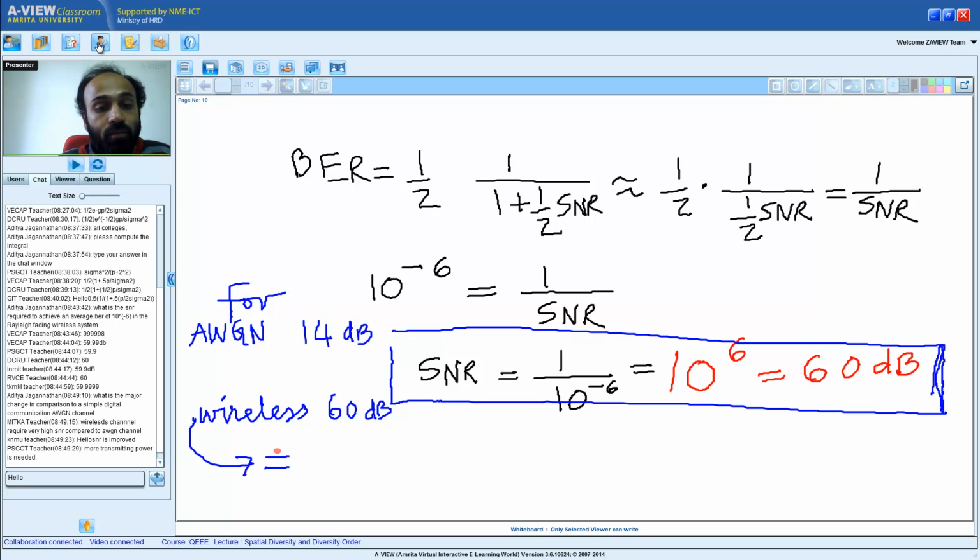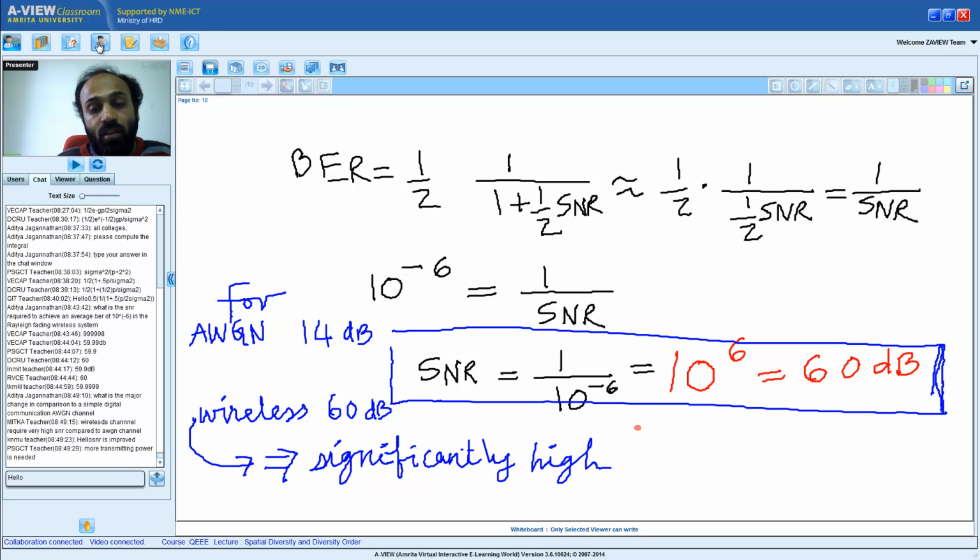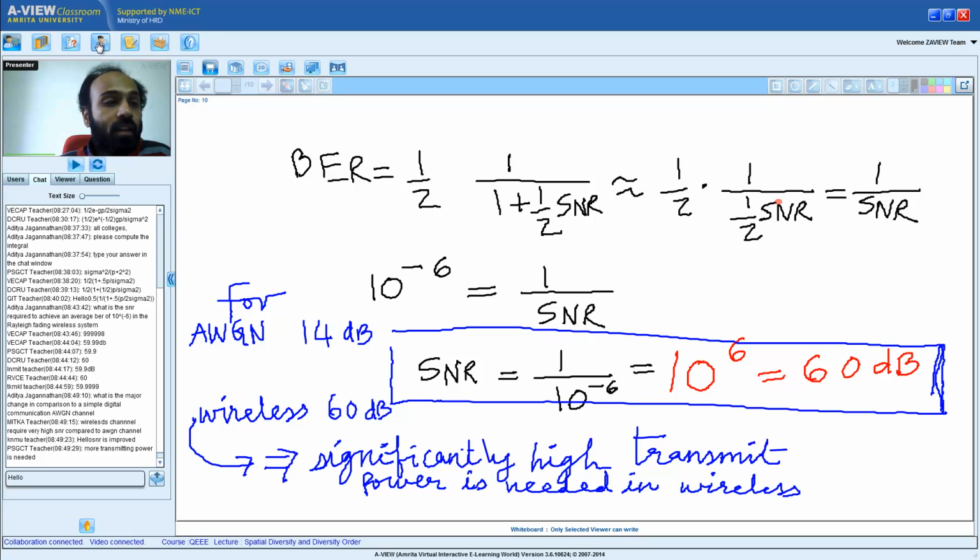This implies that a significantly high transmit power is needed in a wireless communication system, right?